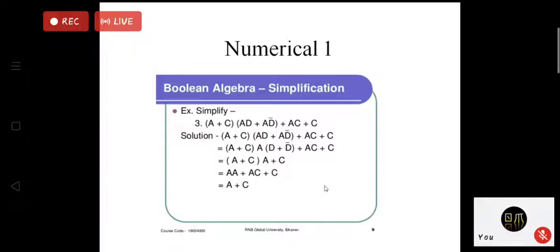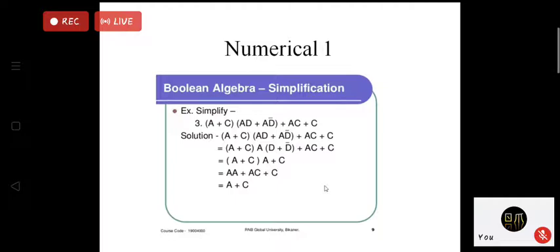Then I have written in another bracket. I have started with the given numerical. Always you should start with the given numerical. Then what I have done, A plus C into, from AD bar and AD, I have taken A as common. A I can take out as common. In the bracket, what will remain?